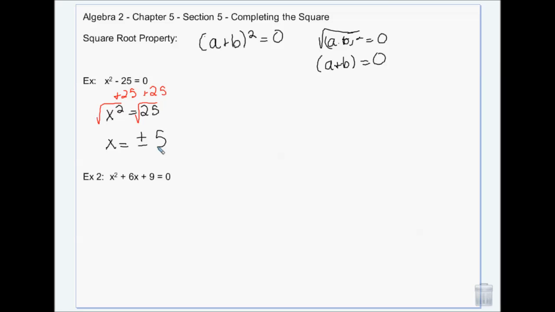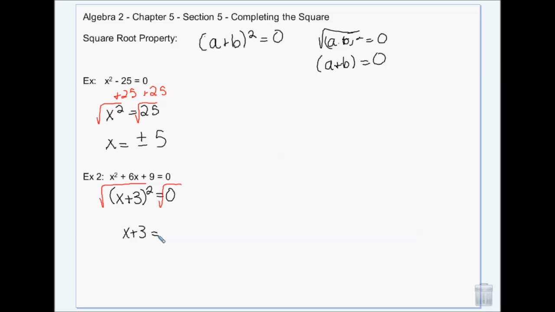Here I have another perfect square, the perfect square trinomial. So x squared plus 6x plus 9 factors perfectly into x plus 3 squared. Right, because the square root of this and the square root of that times 2 gives me the center term. So if I take the square root of both sides, well, the square root of x plus 3 squared is x plus 3.